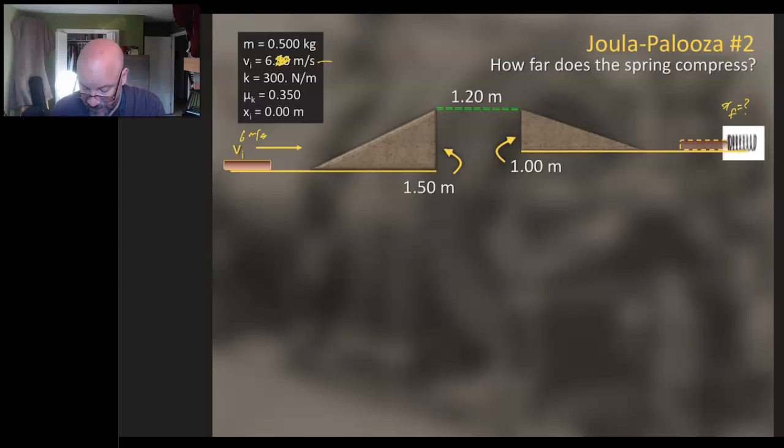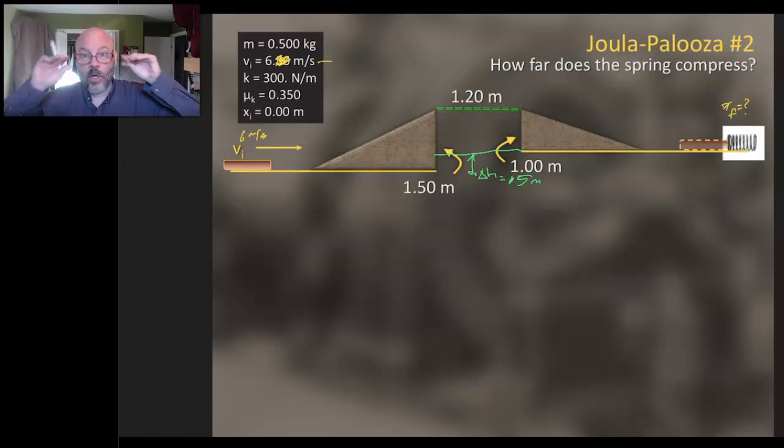Okay. And so kind of the way we need to think about this is that from start to finish here, we've got a delta H there of just a half of a meter. Okay. So when it's all said and done, we're a half meter higher than we were before.